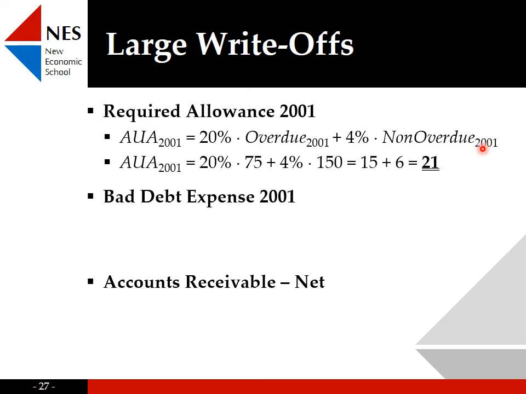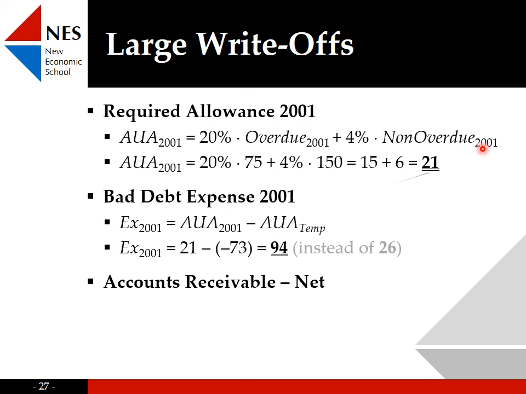What is going to be the need for the bad debt expense? Well, obviously that is going to be rather significant. We want to end up with 21, that's the desired level at the end of 2001, and the level at which we ended after recognizing these large write-offs was minus 73.